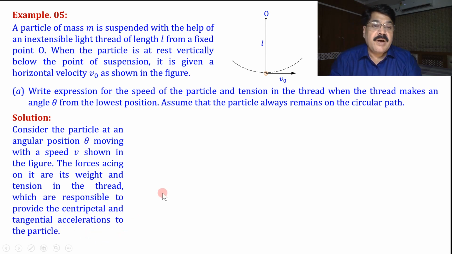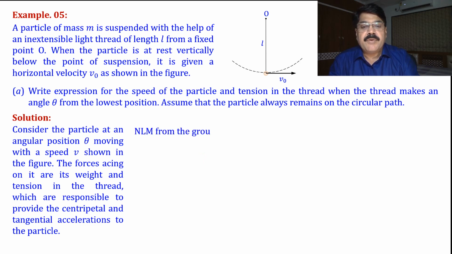So the tension and mg are the only two external forces. These two forces must be responsible for providing the tangential acceleration as well as the normal acceleration. And how they provide, let us see. For that, we have to apply Newton's law, and we use again the laboratory frame or ground frame as an inertial frame. NLM from the ground frame, inertial frame.